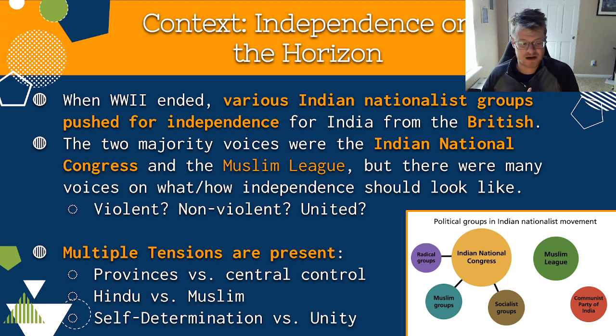religious groups in India? And then, what about this whole idea that's very popular after World War I and World War II, self-determination? Should people be able to live in areas that are common with their particular ethno-linguistic religious group, or should we try to create some kind of unity with lots of diverse peoples in it?